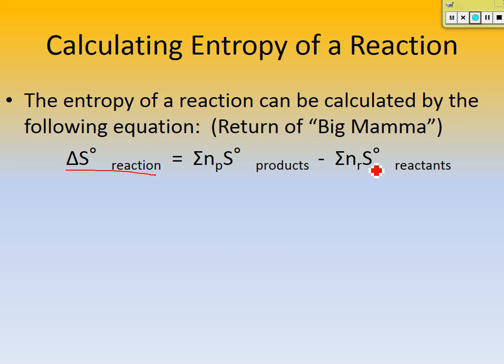So the general form again is products minus the reactants.